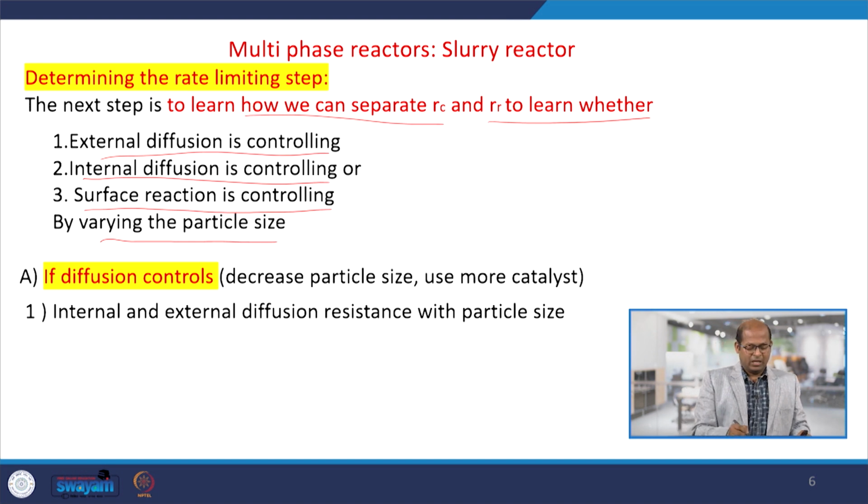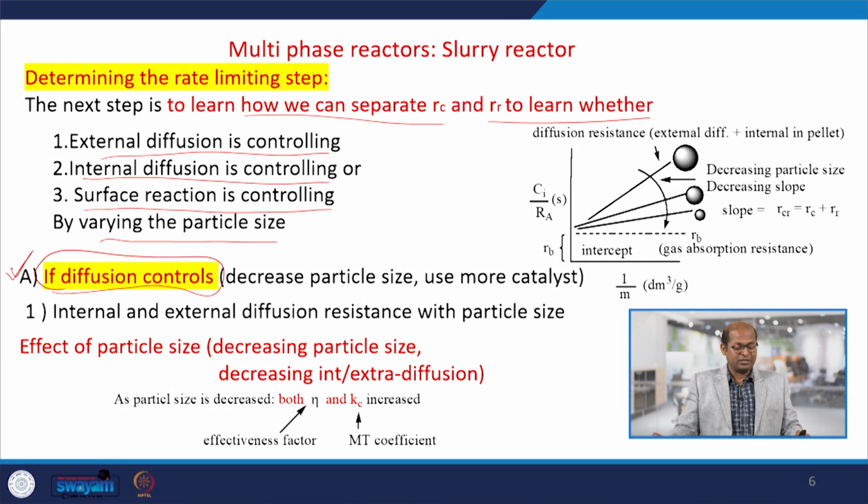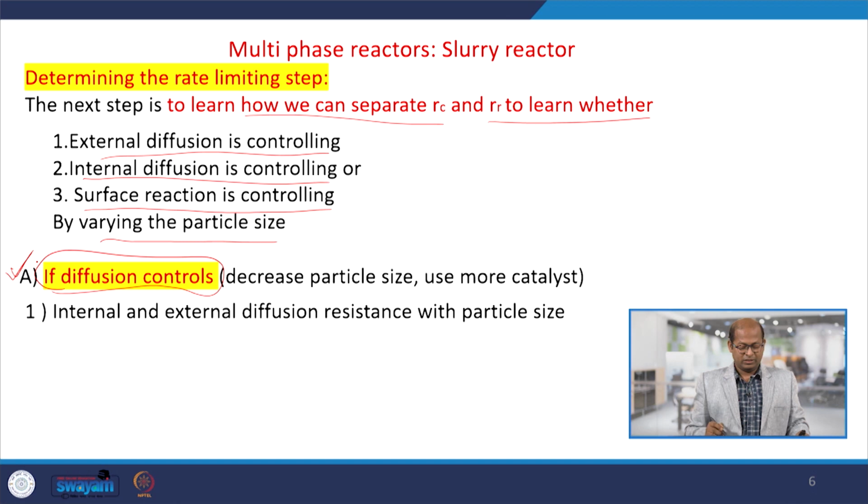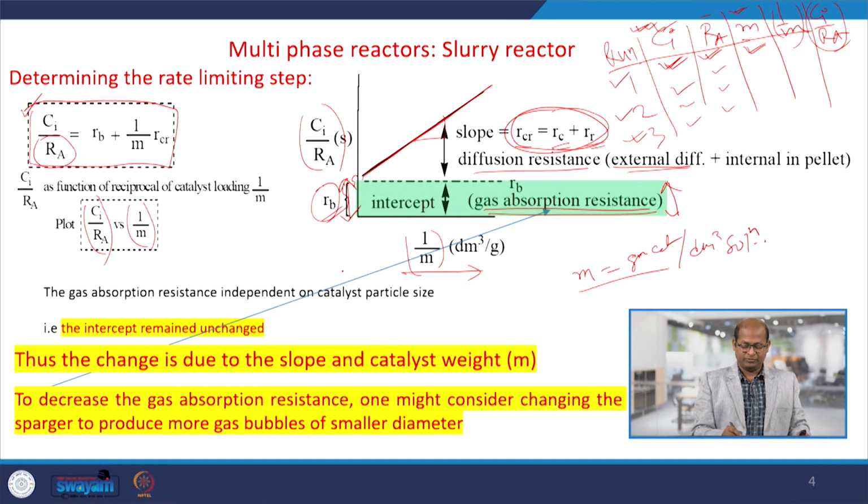Basically, gas absorption may be controlling, or diffusion may be controlling. See in this graph of slope, we said this is one resistance, the gas phase absorption resistance, and this is the diffusional resistance. Two resistances are there.